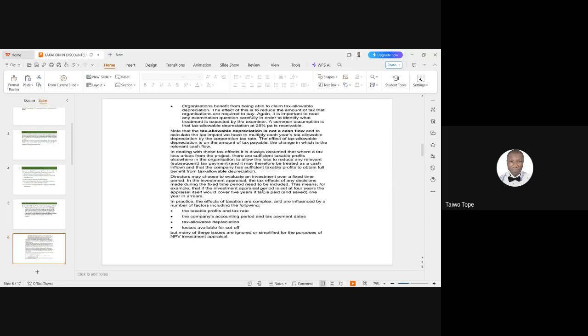So you always read questions carefully to know the tax allowable depreciation rate. Note that the tax allowable depreciation is not a cash flow.